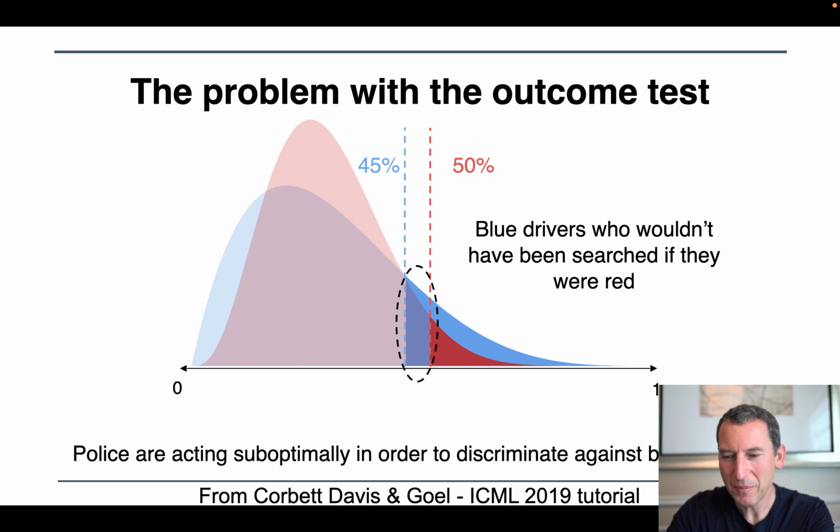So the outcome, namely, are they actually doing something illegal, is the same for blue and red who are being stopped. But really what's happening is that the blue group is basically being discriminated against, because you're now picking people who, if they were a part of the red group, would have gotten away, and you're stopping them too.